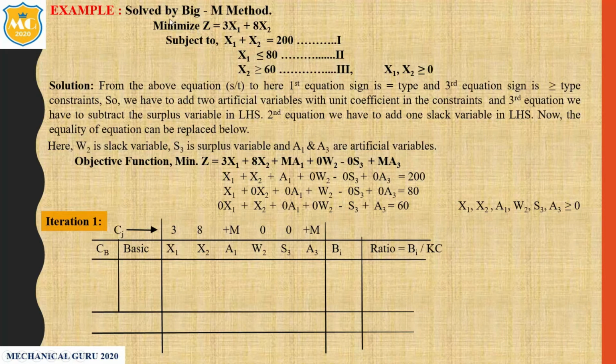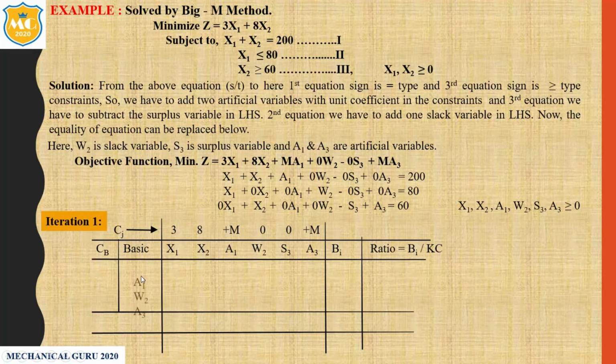Okay, so here the problem is minimized. In a BCAM method, if the problem is minimized, then we have to consider the penalty as a plus M. Okay, so here we have to add penalty as a plus M in artificial variable. Next we have to write down this variable.